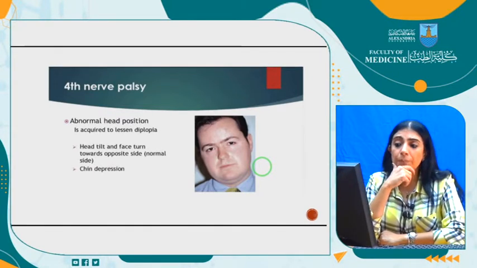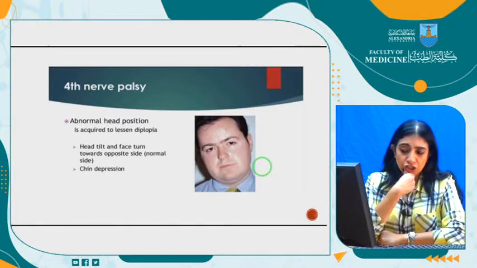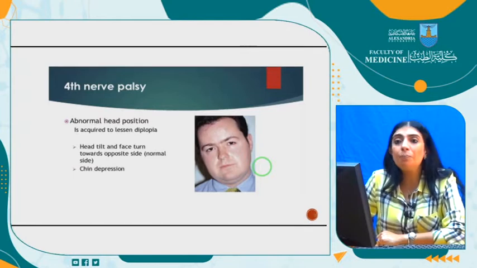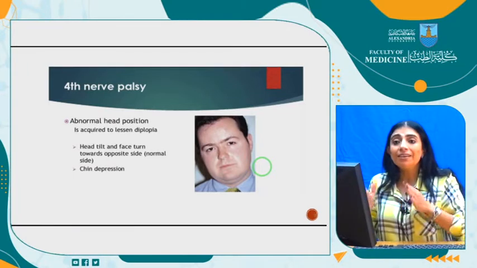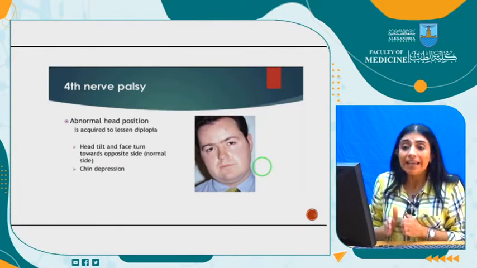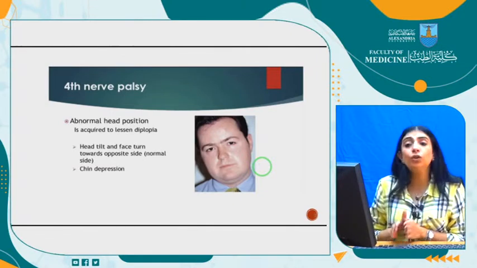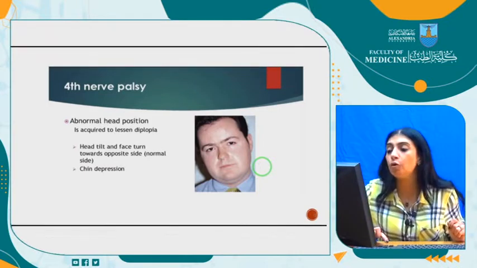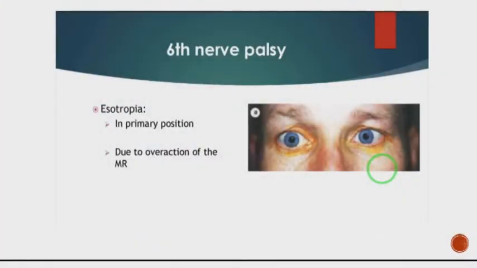So he starts by depressing his chin, tilting his head and face to the opposite direction of the paralyzed muscle. He brings his face and head in the direction of the action of the paralyzed muscle to overcome the annoying diplopia. The causes of the fourth nerve palsy are the same causes as discussed before.